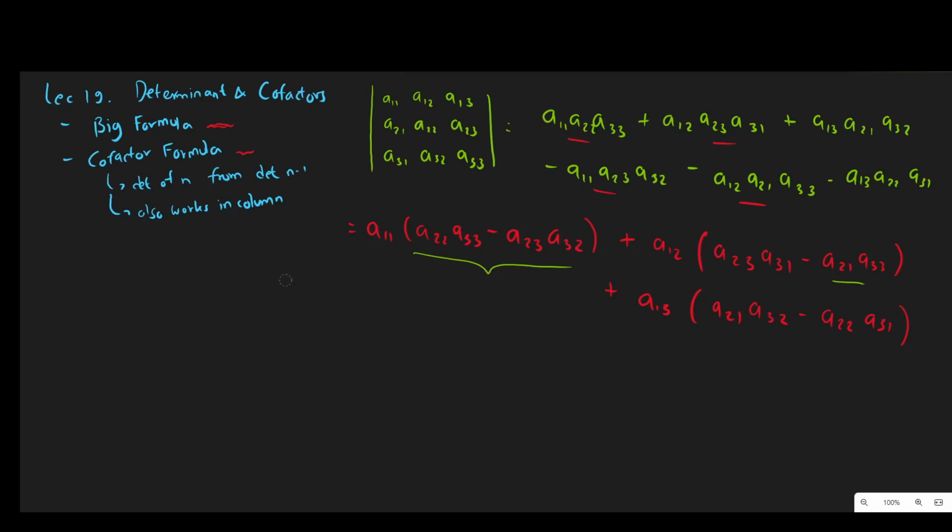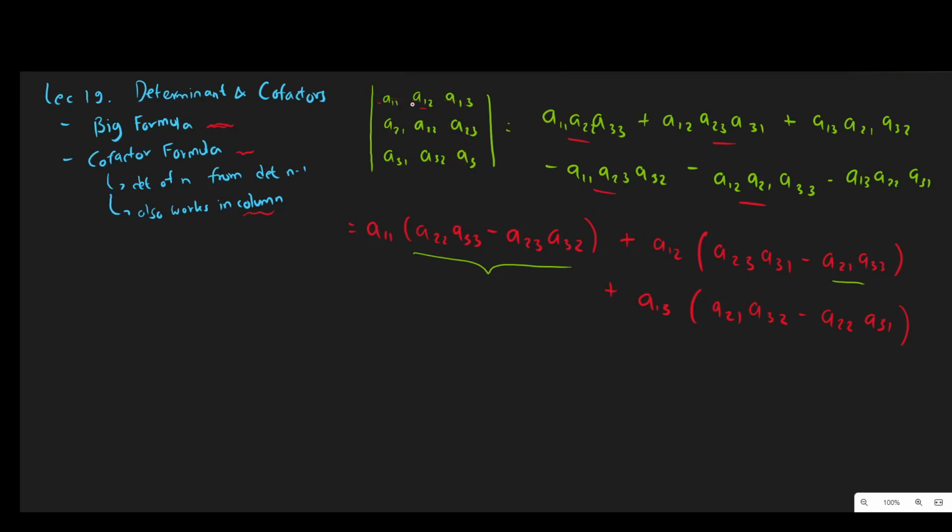And let me just also say that this also works in terms of columns. We have been working so far with only looking at the rows. We look at a11 and then we look at the matrix inside this one, next we move to the a12 and then we look at only this matrix, and the next one we look at a13 and then we look at this matrix only, which is right here.